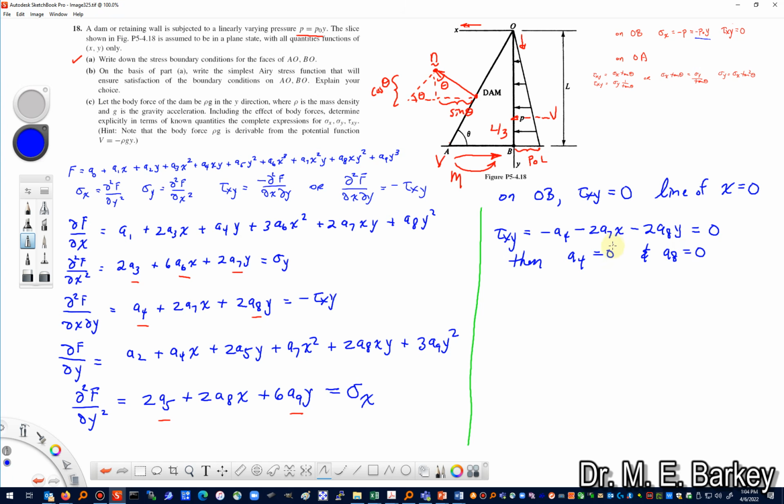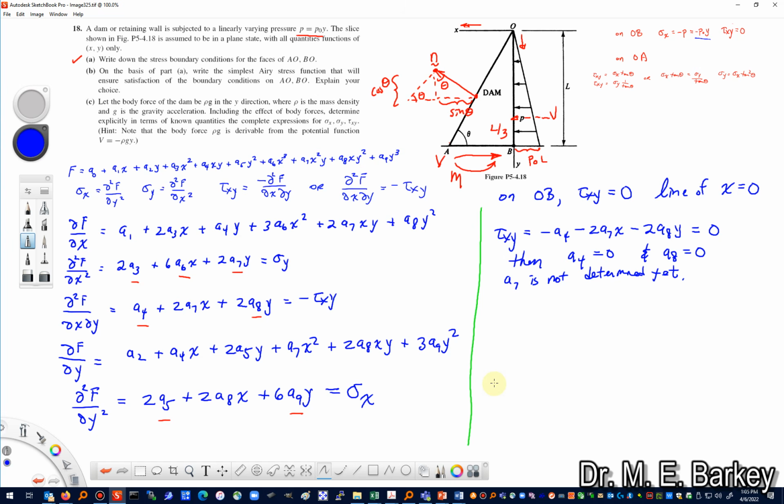But we really can't say anything about a7, because when we plug in x equals 0, this term goes away, and we just can't determine that yet. Hopefully we'll have another condition that we can use on that. Alright, so that seemed fairly successful.